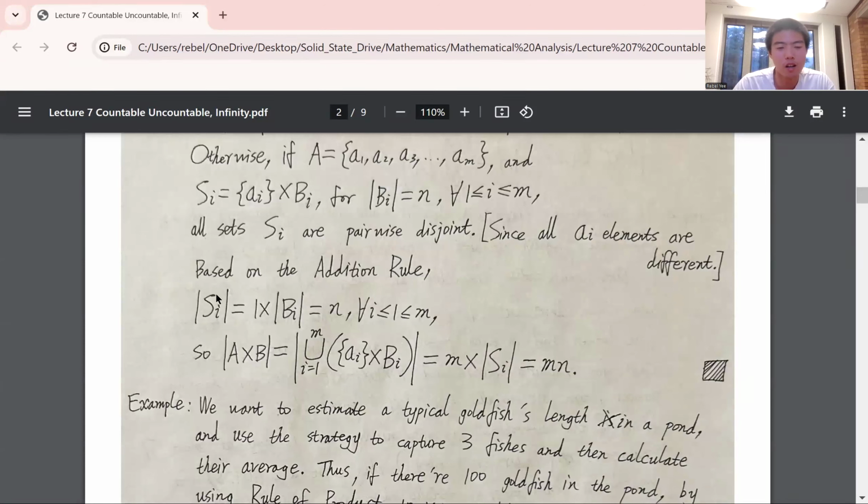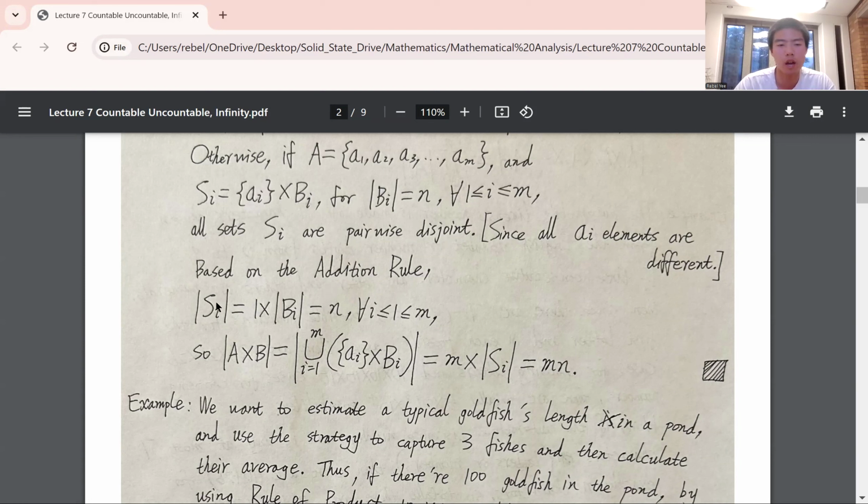So by the addition rule, |Si| is equal to the cardinality of Bi, because adding a single element into it doesn't change its cardinality. Bi just increases its dimension from 1 dimension to 2 dimensions, but the total size is the same.